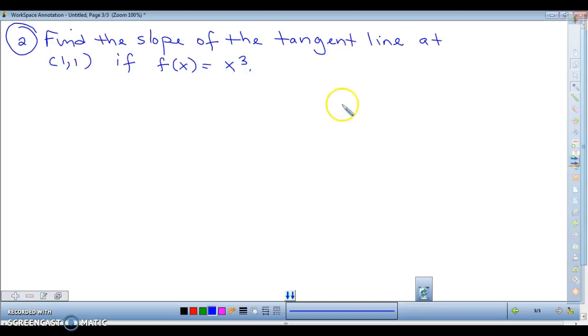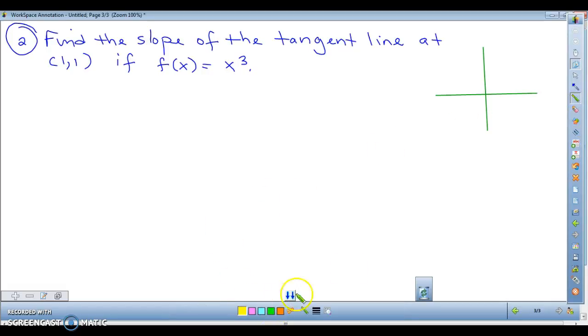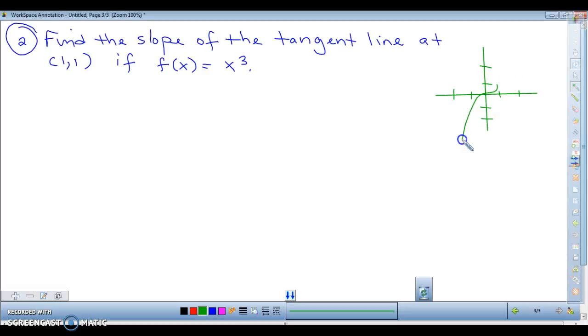Okay, so just to get a little visual of what that looks like, you can come over here and just sketch it out. We know that x cubed looks like this, give or take a curve or two.